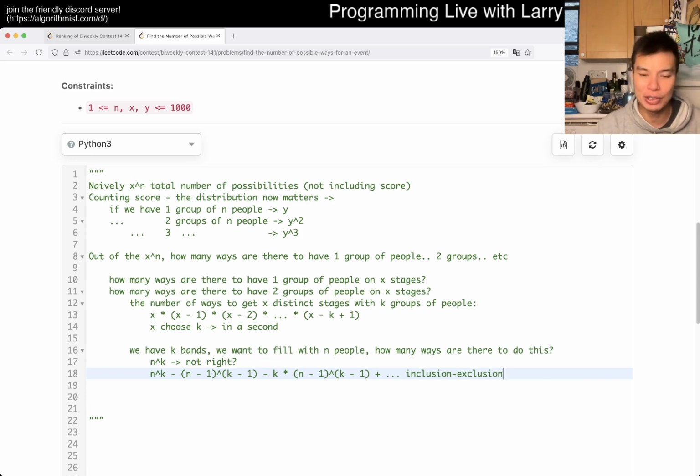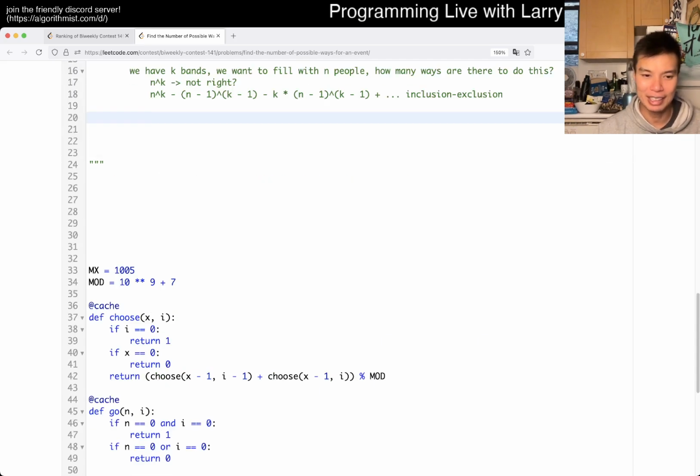But it turns out that you could solve this with a recurrence, and I kind of have it here.